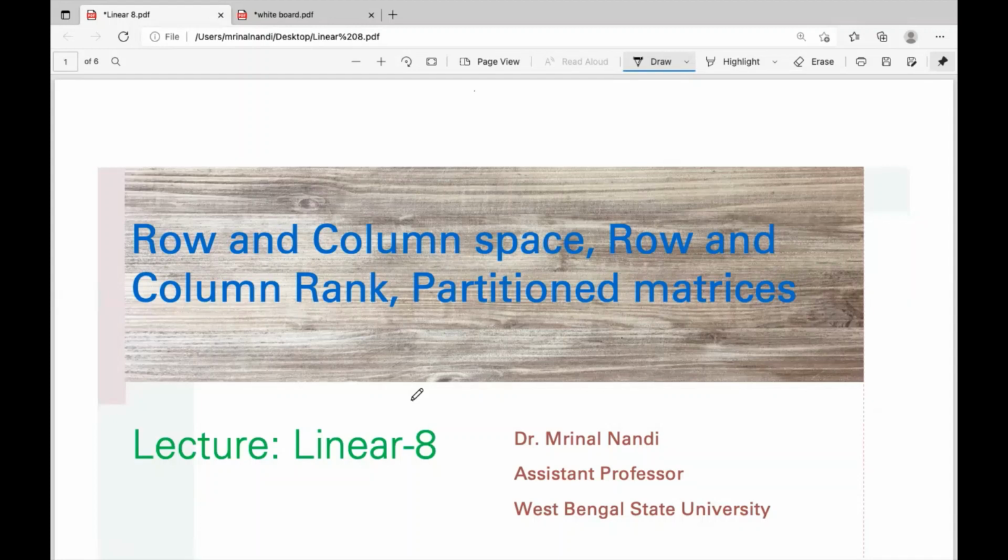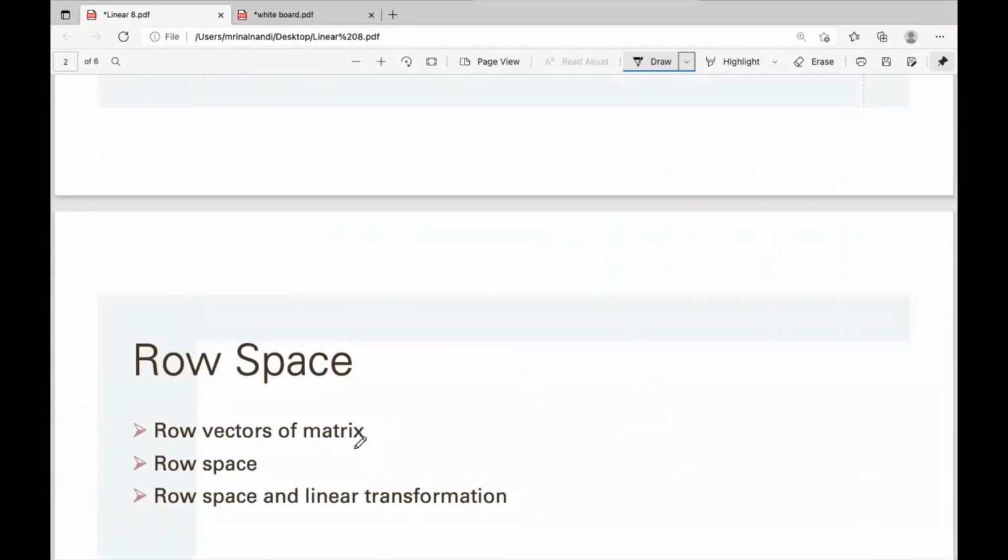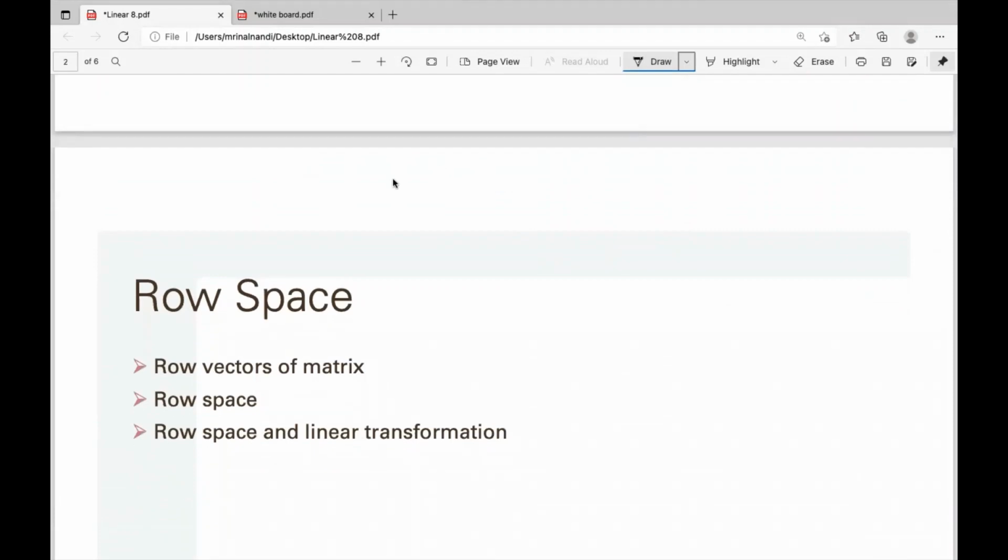So first, think of a matrix as a bunch of rows. So, row vectors of the matrix. So this is a matrix, this 4 cross 3 matrix. The rows are 1 2 1, 4 0 1, 1 0 1 and 1. There are 4 rows, so 4 vectors, and all vectors are in R3 or in F3.